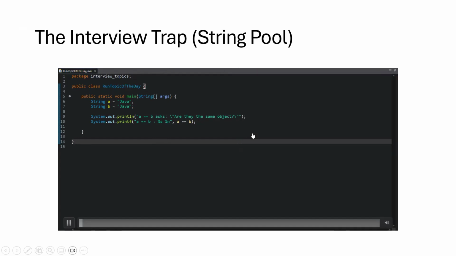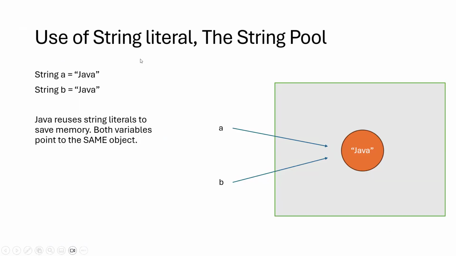Let me explain. When you use a string literal, you're reusing this Java string in the string pool. Java reuses string literals to save memory. So both of these variables are pointing to the same object with the value Java.